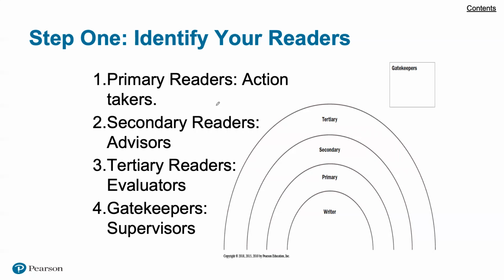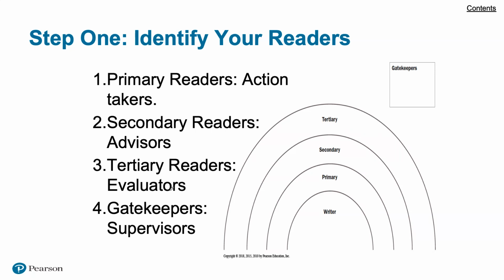And so that's what we're seeing here: you can have primary readers, secondary readers, tertiary readers, and gatekeepers. Primary readers would be the action takers, the people that are going to get the action to do something. Secondary readers could be advisors, and the advisors would be the ones helping these action takers or decision makers to do their process.